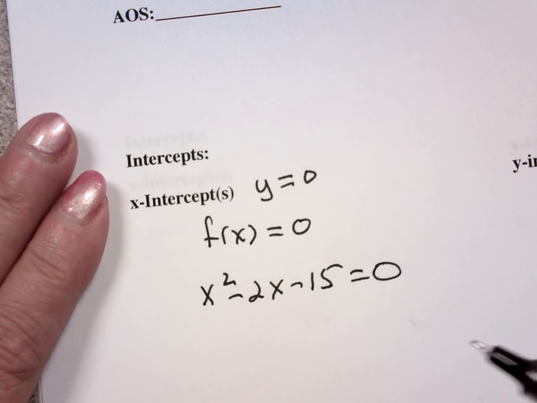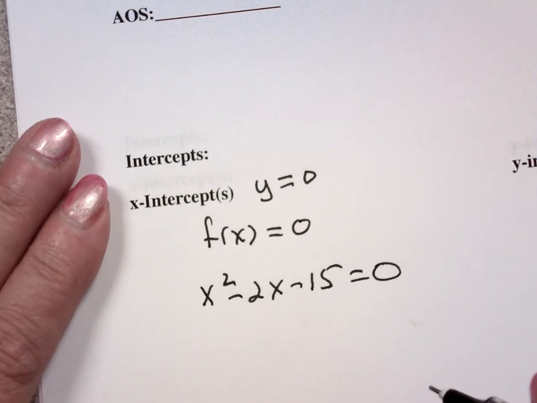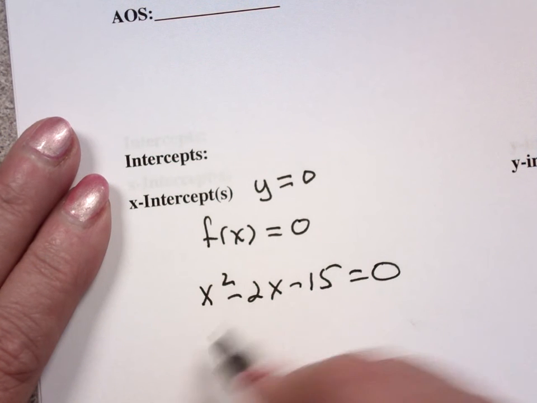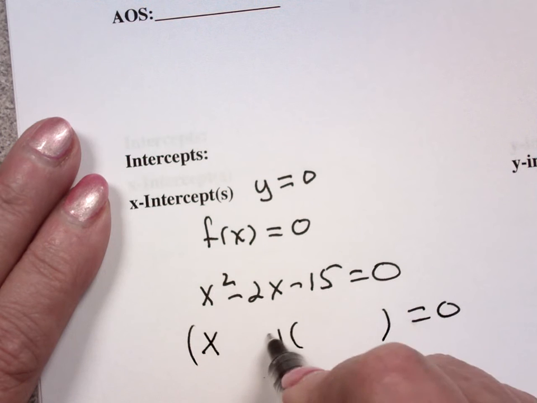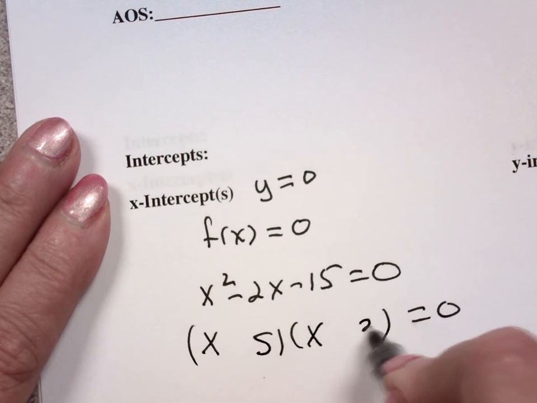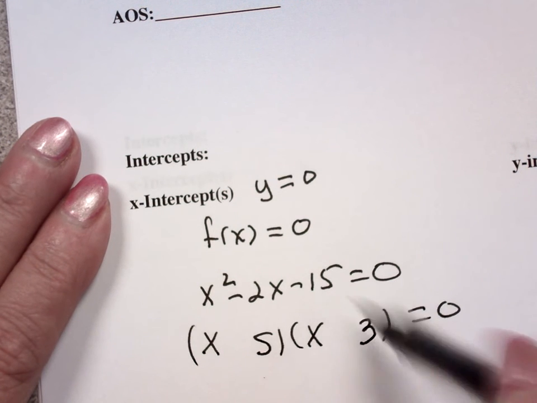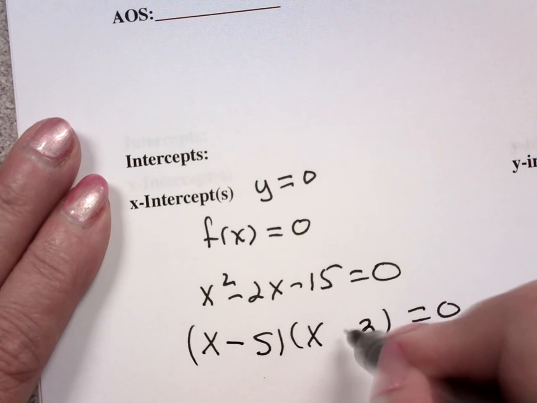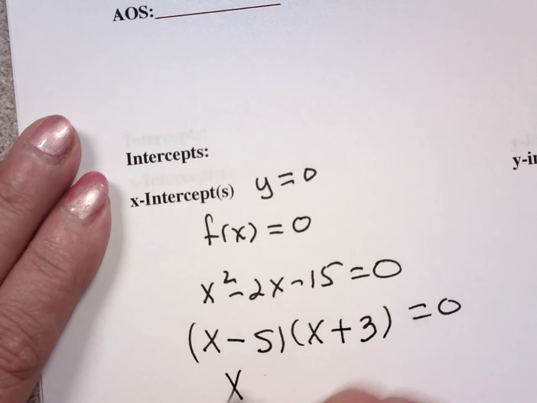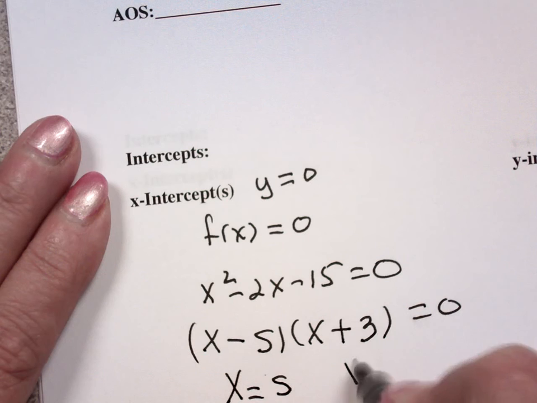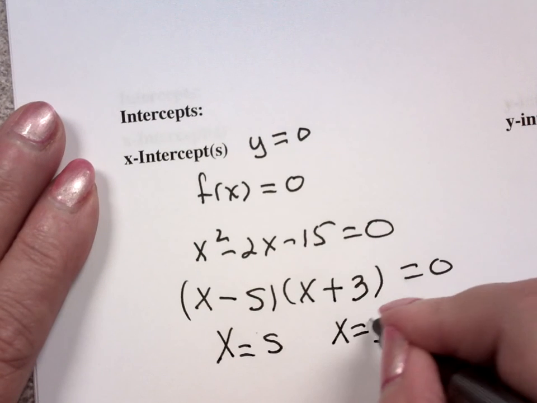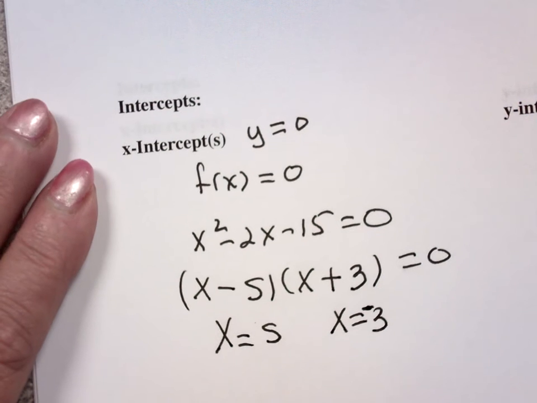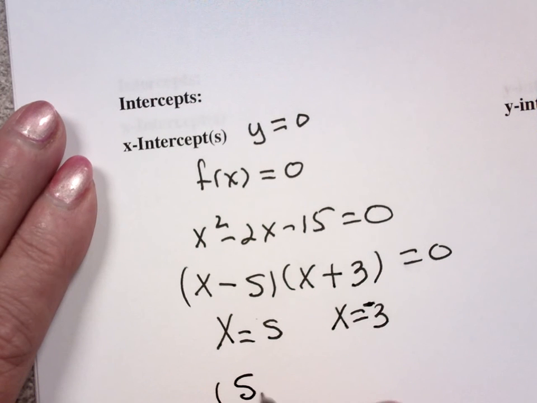Although you will have to on this next test, but that's the last time you have to do it. And this factors. x and 5, x and 3, because 3 minus 5 is 2. 5 is minus, 3 is plus, so x is 5, x is negative 3. So it's going to be 5, 0, and negative 3, 0.